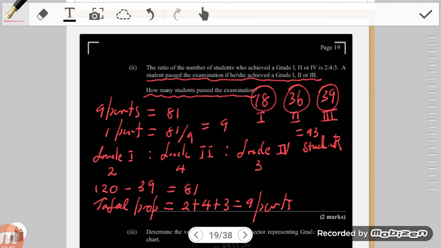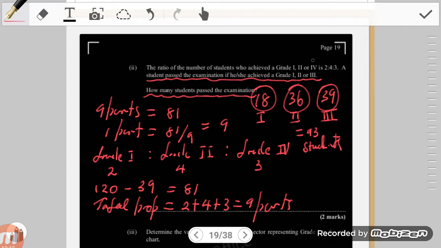Let me just do a quick summary on exactly what went down, just to wrap all of this up with what you're seeing on the screen. The first thing that we needed to do was to establish a relationship between the grades. The relationship that was given to us was between grade 1, grade 2, and grade 4. We weren't given the proportion involving grade 3.